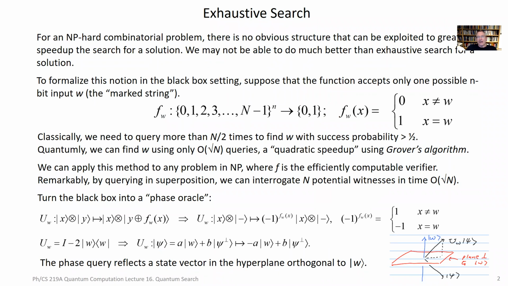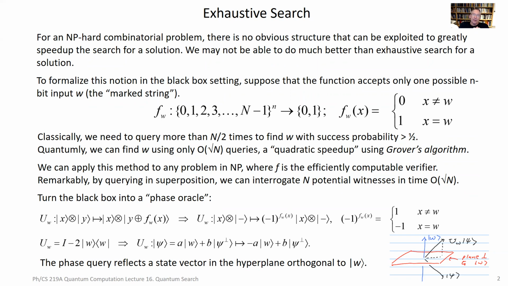So a way to justify what we're going to study is to imagine trying to solve an NP-hard combinatorial problem, like trying to find a satisfying instance for a formula or something like that. And there's no special structure to the problem that's obvious that we can exploit to solve the problem quickly.